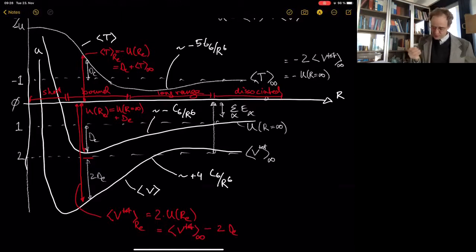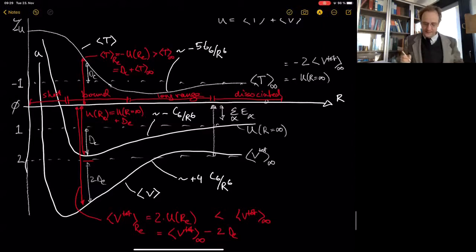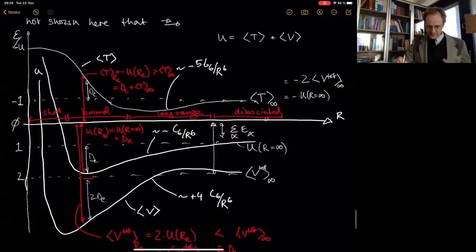So this is below your infinite guy, and likewise for your kinetic energy, you're above the dissociated limit. So this is the bound case, right? The bound regime.